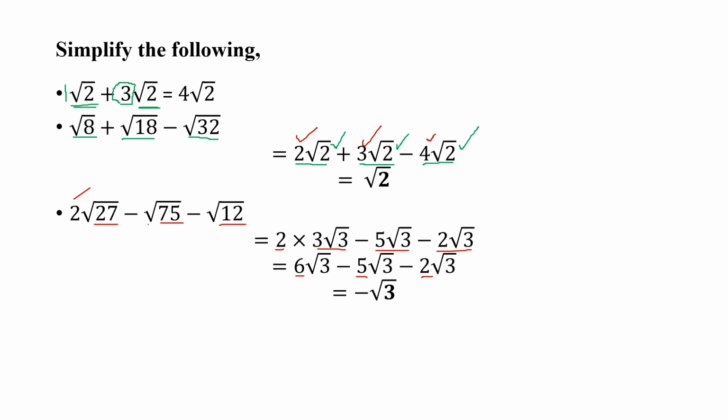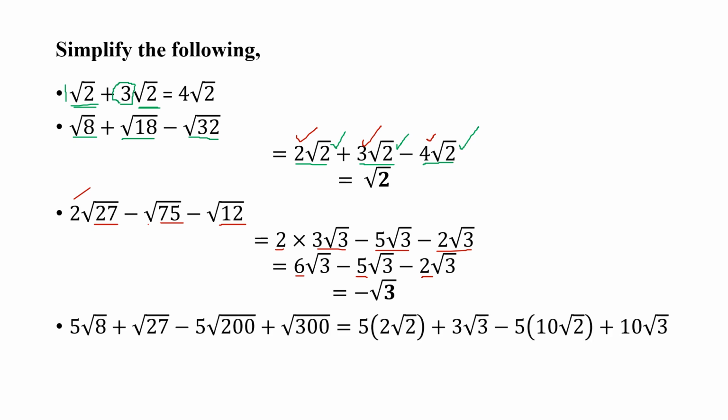So when adding, just like in algebra, 6x minus 5x minus 2x simplifies to minus x, but our x is root 3. So our final answer is minus root 3. Right, let's move on to our next example.